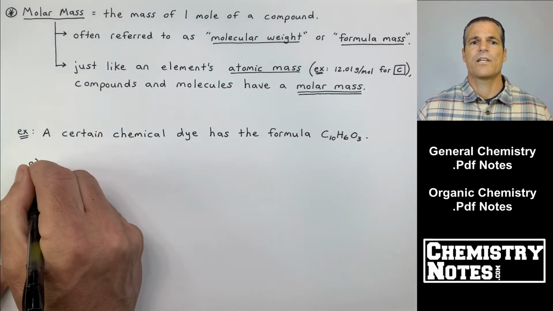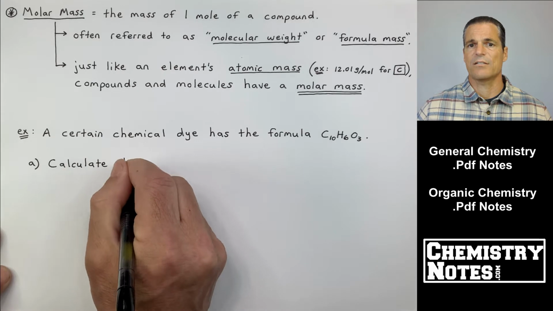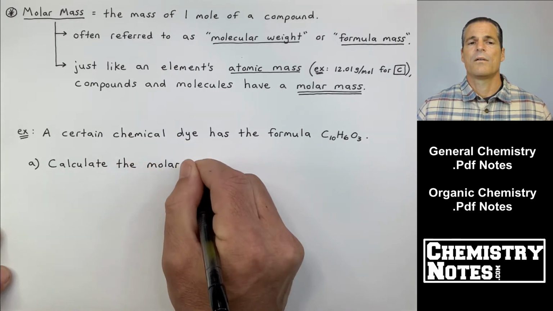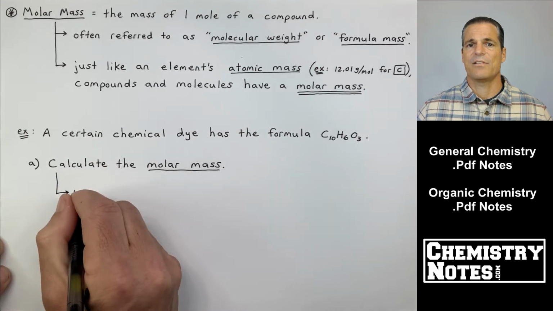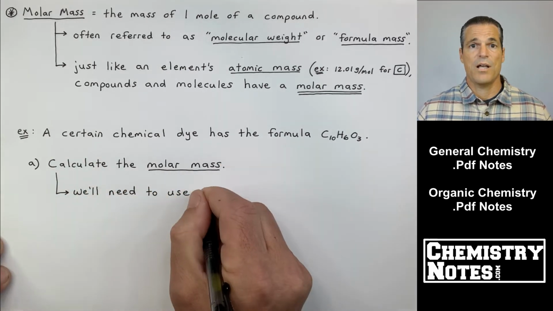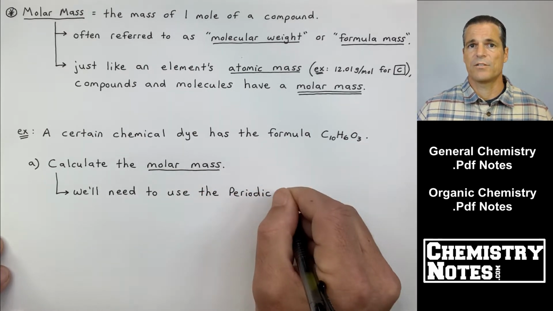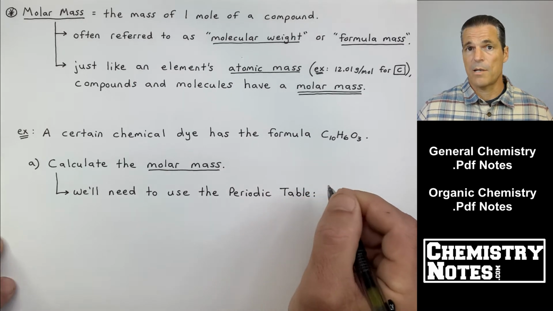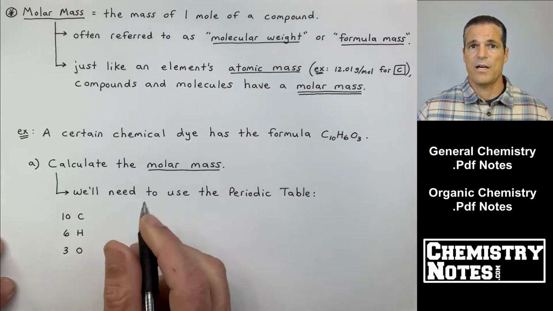We have a certain chemical dye, has the formula C10H6O3. So in A, they want me to calculate the molar mass. So essentially, I'm going to have to add up 10 carbons, 6 hydrogens, and 3 oxygens, right? Well, we're going to need the periodic table because maybe some of us know the atomic masses already for guys like carbon, hydrogen, and oxygen.